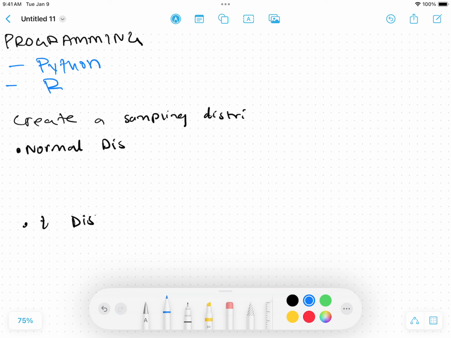Well, for normal distributions, we need the population standard deviation, and we need a large sample.